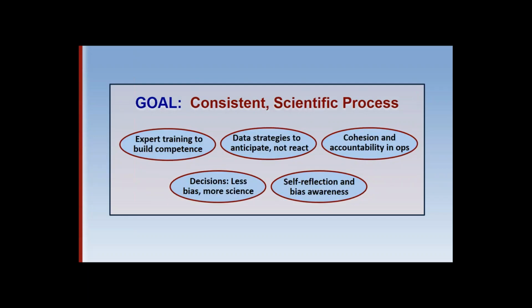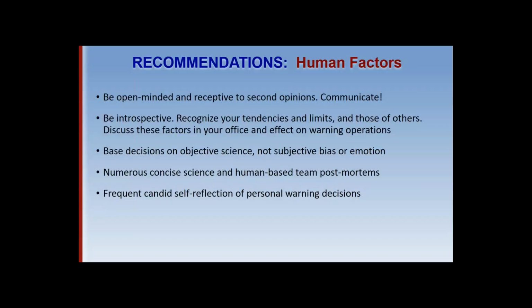So the ultimate goal is to eliminate as much as possible these factors to create a more consistent and scientific process. Now, much of the information detailed today with supercells and QLCS tornadoes should improve the science and interrogation issues, but we also have several human factors and associated bias to deal with.